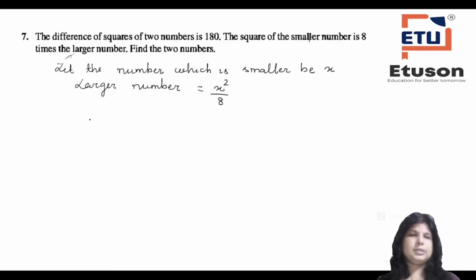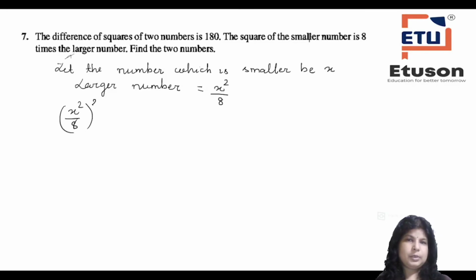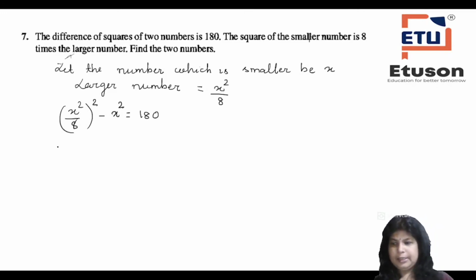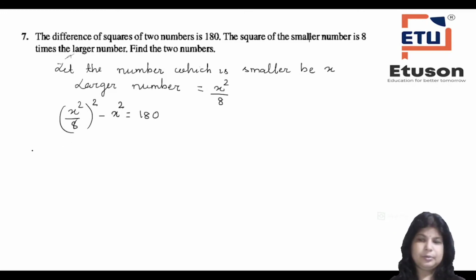Now from the first statement you can write down that the difference of squares of two numbers is 180. So x square by 8 whole square minus x square is equal to 180. Correct or not? Okay. So you will get x to the power 4 divided by 64 minus x square is equal to 180.